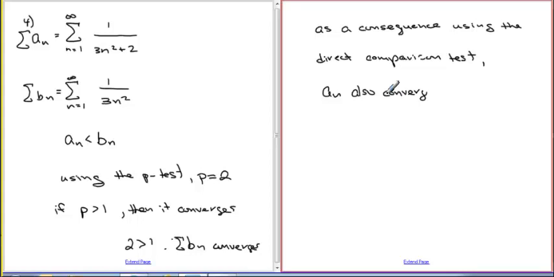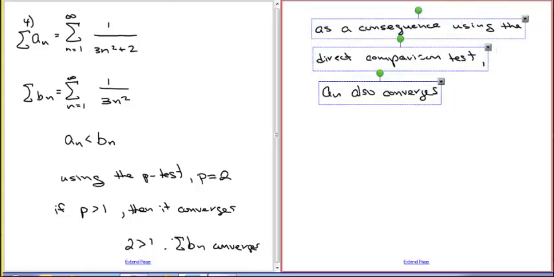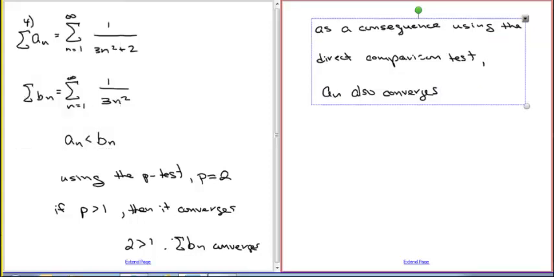I'm going to group all that together so I don't have to write it out. Okay. So this converges because this is always greater than that.